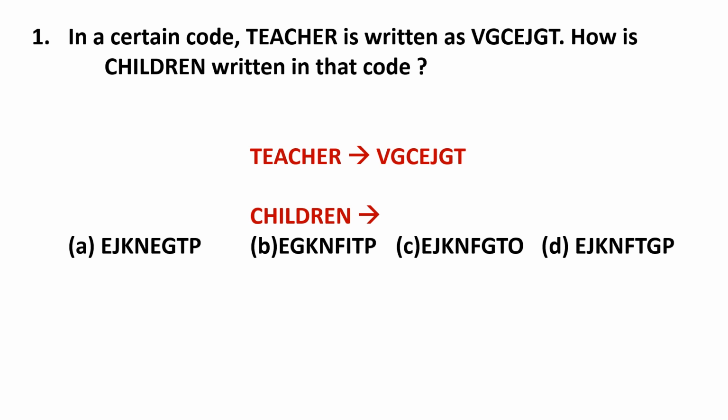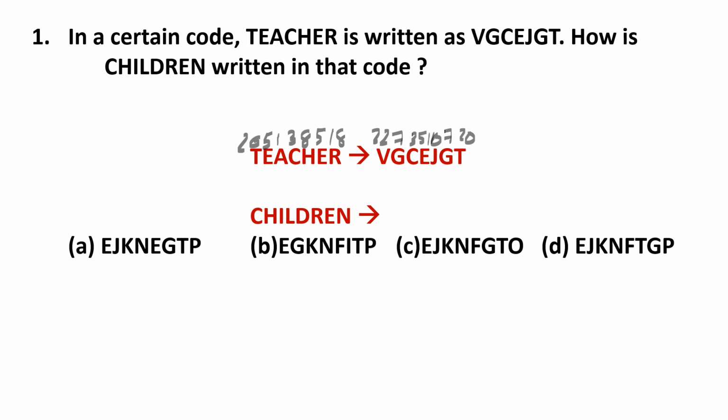Now first I am writing the positions here. T for 20, E for 5, A for 1, C is 3, H for 8, E for 5, R for 18. Here also I am writing positions. V for 22, G for 7, C for 3, E for 5, J for 10, G for 7, T for 20. This we have written here.